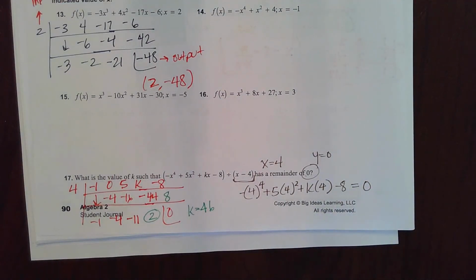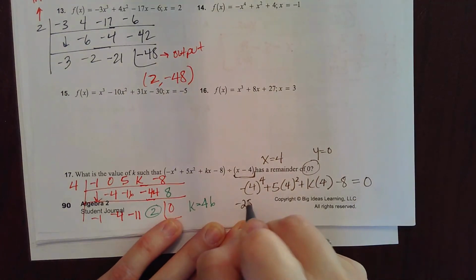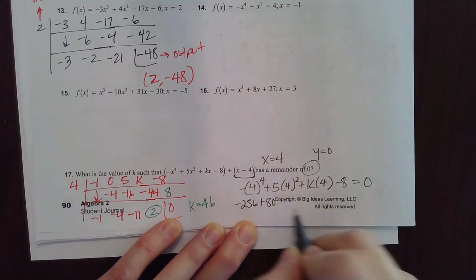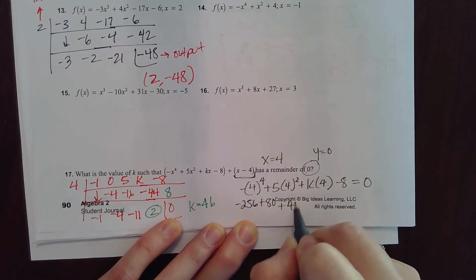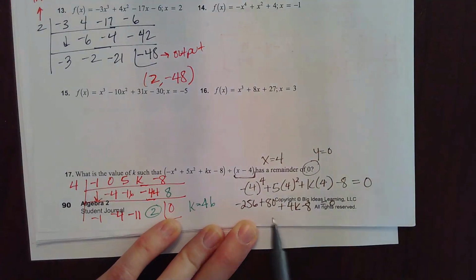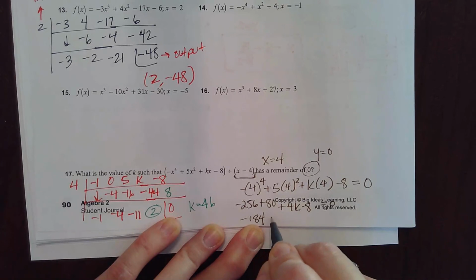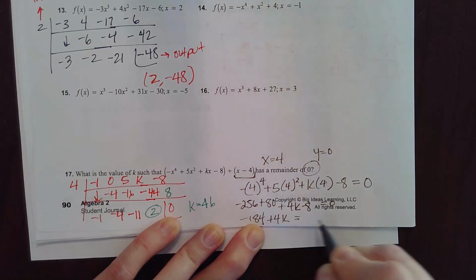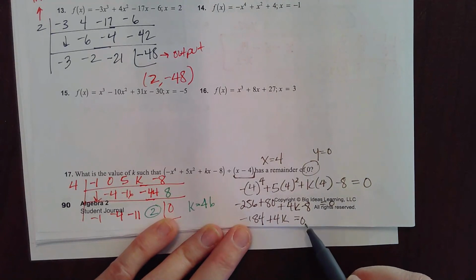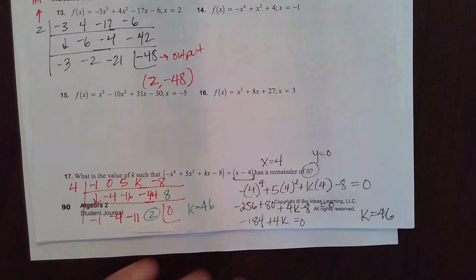Ultimately I'm just solving for k. I get negative 256 plus 80 plus 4k minus 8 equals 0. So I get negative 184 plus 4k equals 0. If I add 184 to both sides and then divide by 4, I get k equals 46.